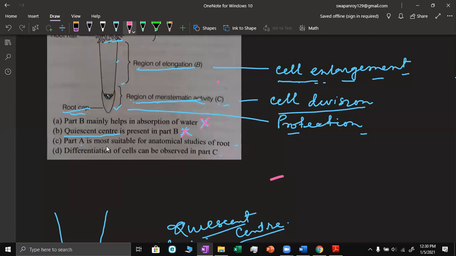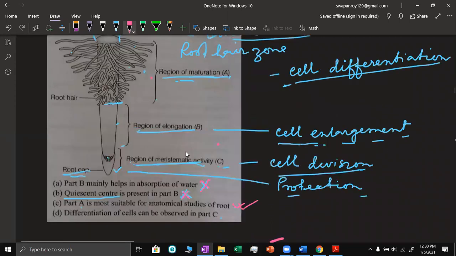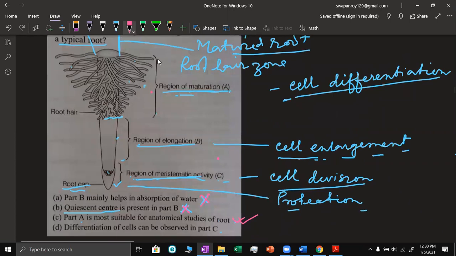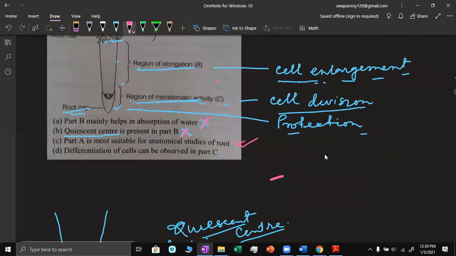Part A is most suitable for anatomical studies of the root. This is very correct because part A is the zone of maturation. In this zone, in anatomy you study the root anatomy, stem anatomy.